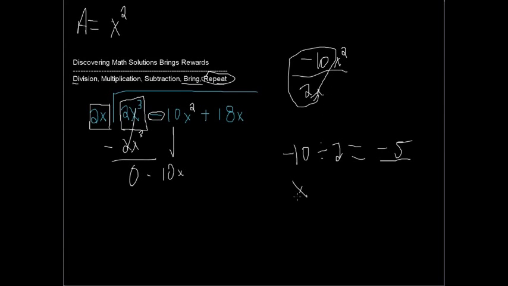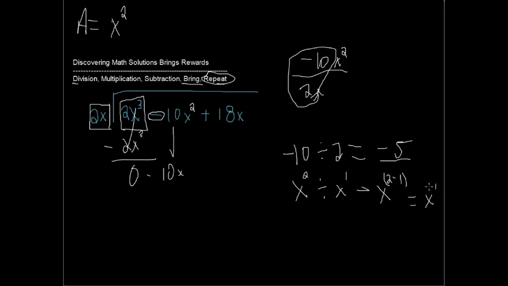We've got x squared divided by x, or x to the first if you prefer. From the last equation we did, we now know that we do x to the second minus first power, which leaves us with just x, or x to the first.